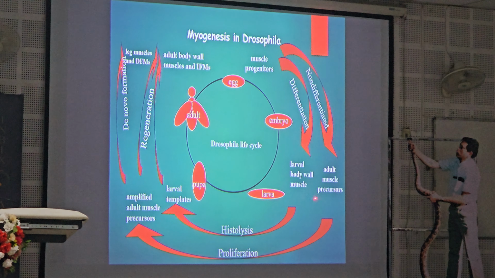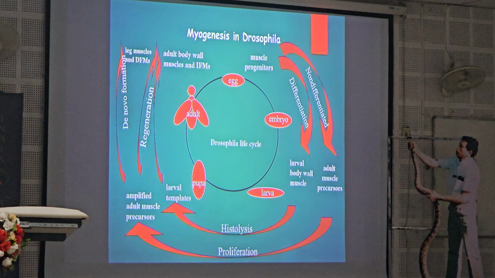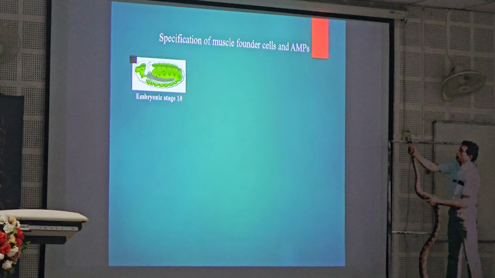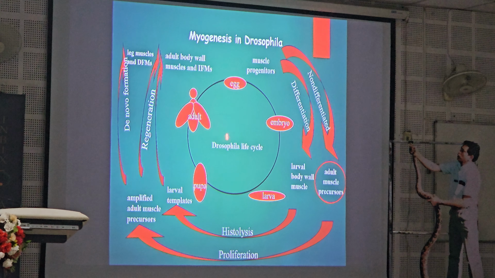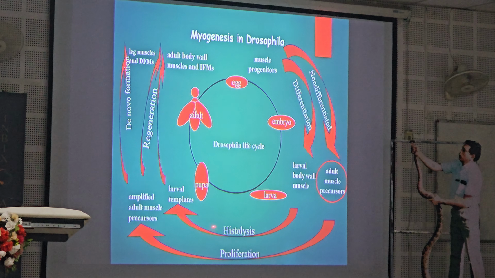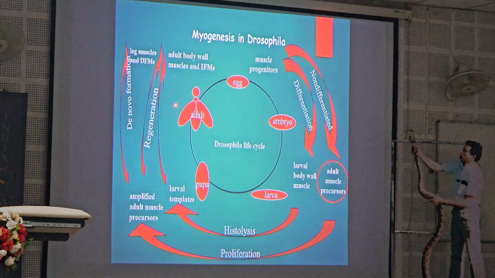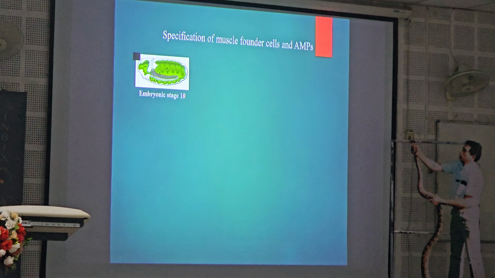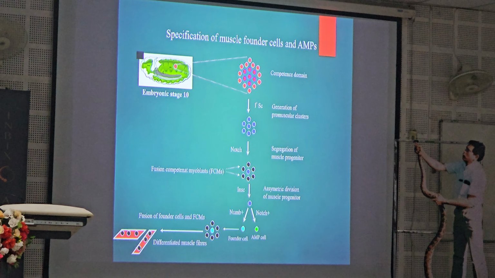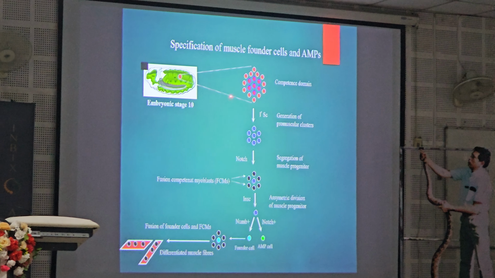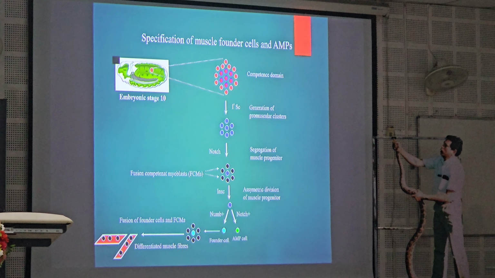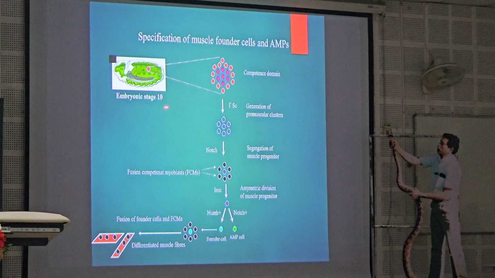They remain quiescent and inactive till the larval stages, but during the pupal stages, they undergo proliferation and give rise to the whole set of adult muscles. This is another diagram that explains the molecular mechanism behind the formation of differentiated muscle and muscle stem cells.